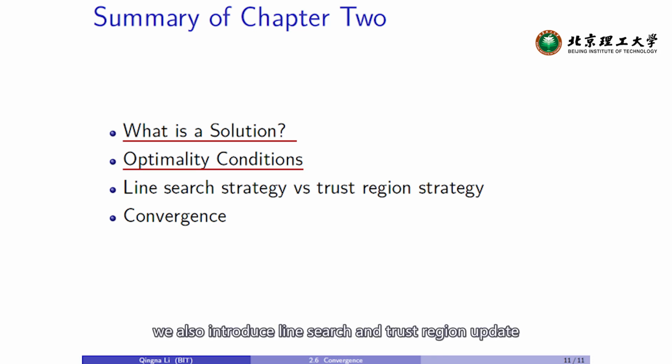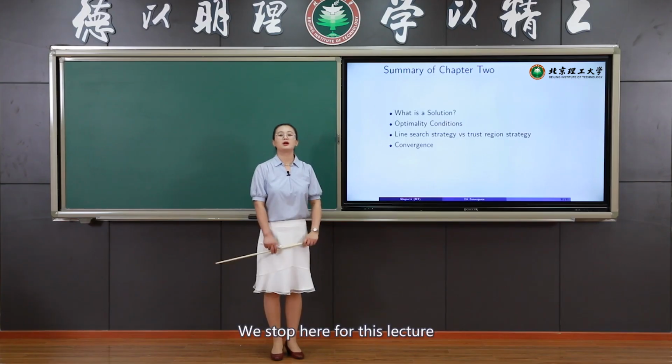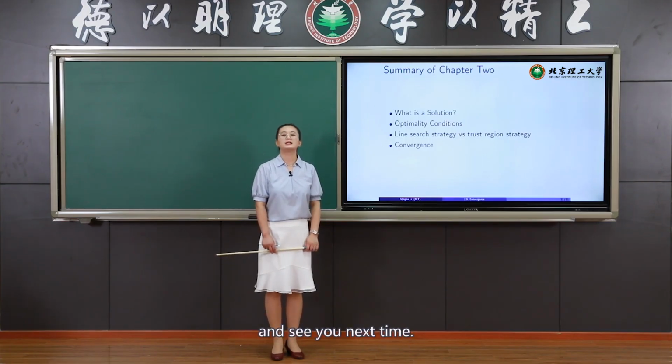We also introduced line search and trust-region update for unconstrained optimization problems. Finally, we discussed different ways to verify the convergence of algorithms. Okay, so we stop here for this lecture, and see you next time.